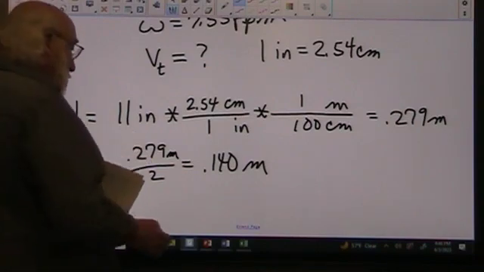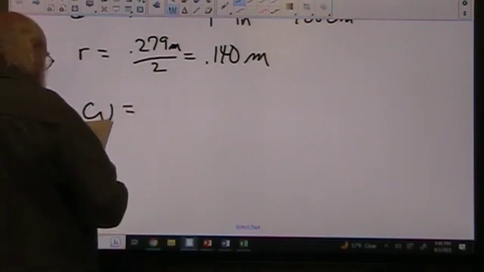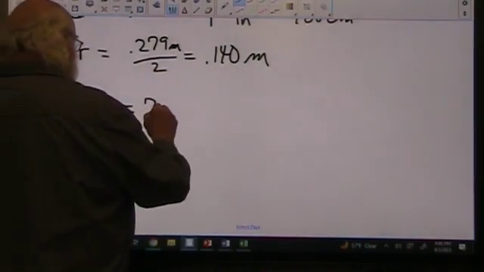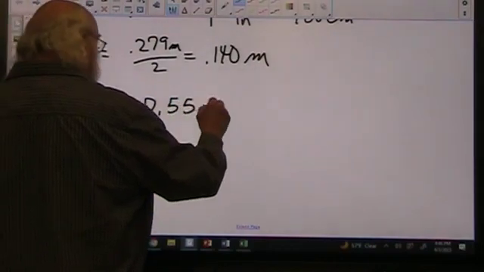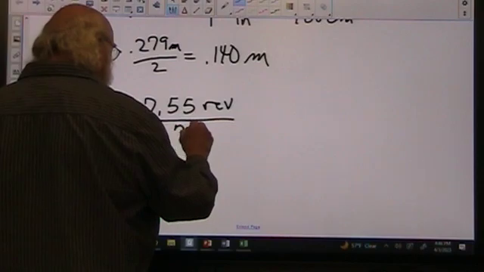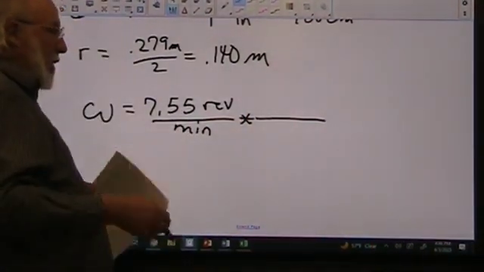We also need to change the omega for this. The omega for this we were given as the angular velocity is 7.55 revolutions per minute. And so we want to change this over to radians per second.